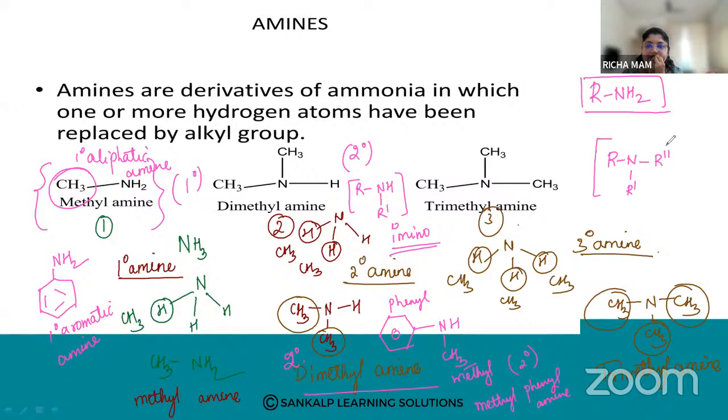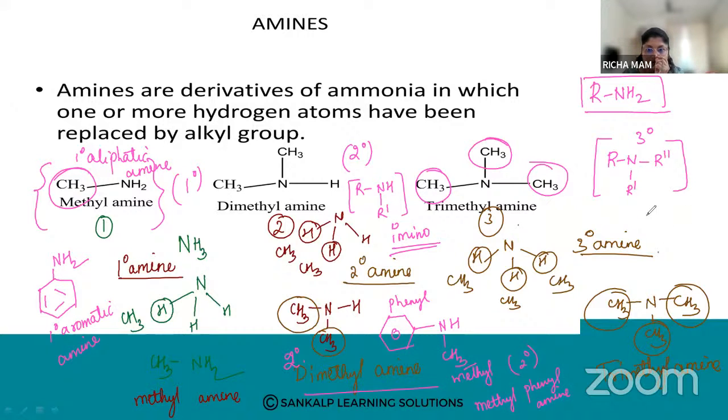This is the general representation of a tertiary amine. We have seen an example of an aliphatic tertiary amine, that is trimethyl amine. All three hydrogen atoms here are replaced by alkyl groups.